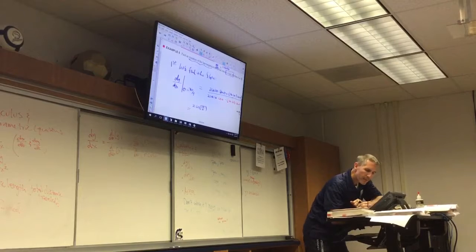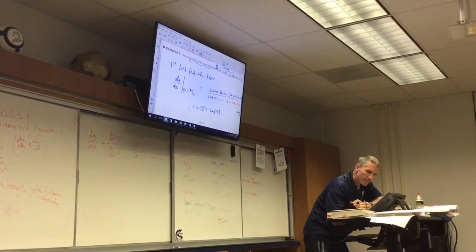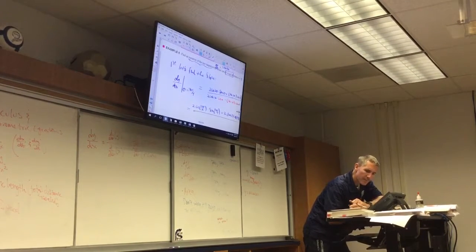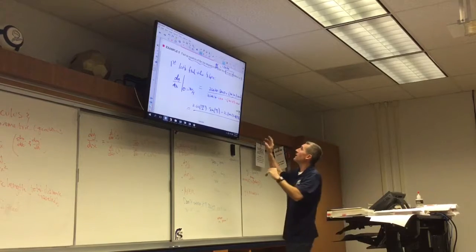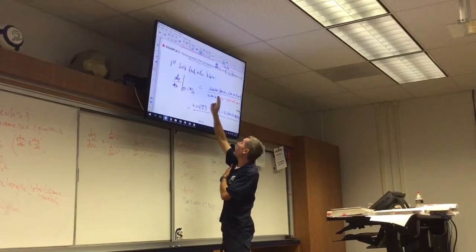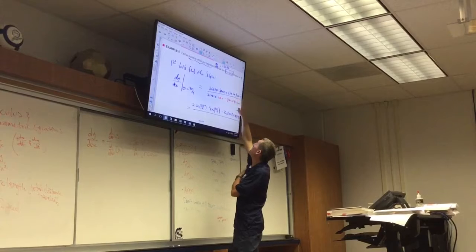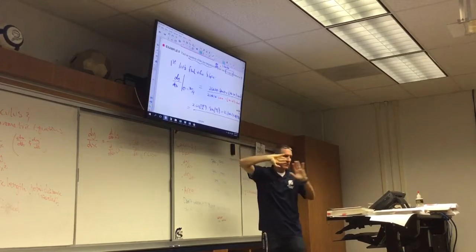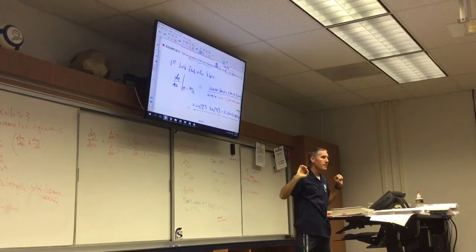Times sine of 3 pi over 4 plus sine of 3 pi over 2 times cosine of 3 pi over 4. So really quickly, I've only plugged in that theta value every place there's a theta in my numerator, and I got this. Does everybody see where that's coming from?